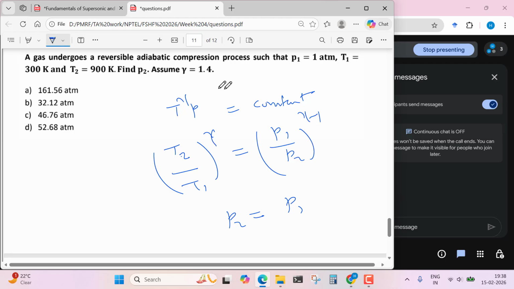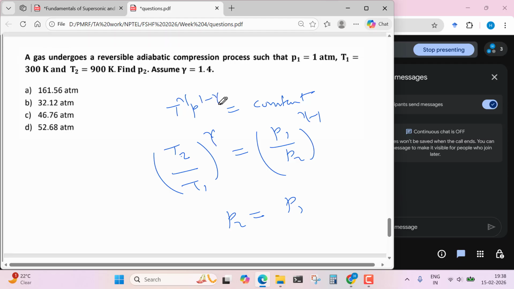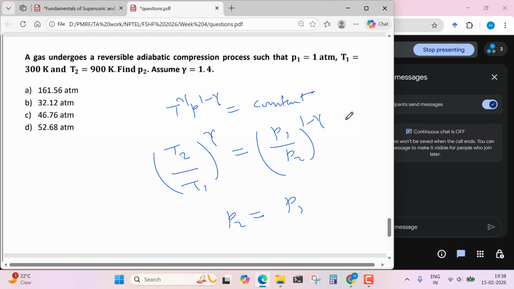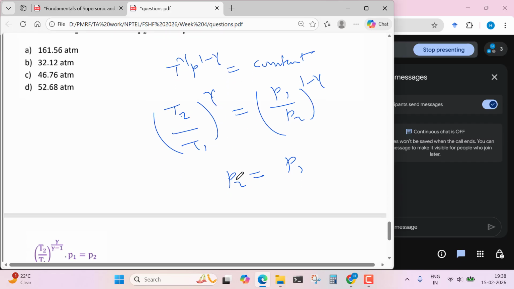So we can write P2 equal to P1 times (T2 upon T1) to the power gamma upon gamma minus 1.